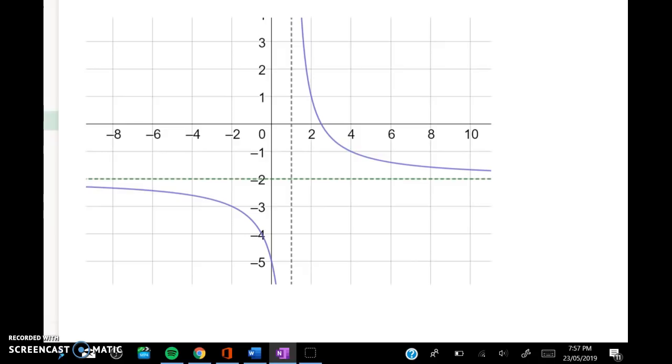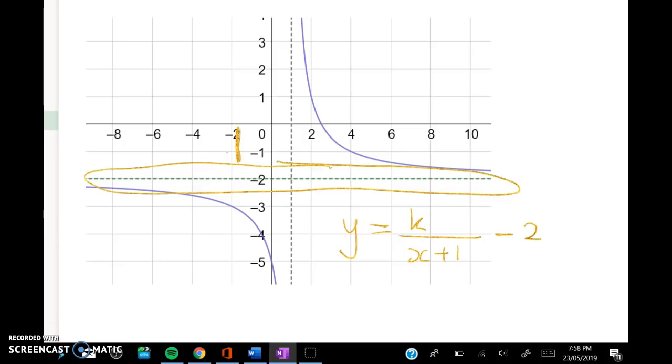Next one. Two asymptotes that are not on the axes again. So we've got y is equal to k over x plus 1, and it's got to shift downwards by 2 units, so minus 2. Right, so there's my vertical shift down showing up here, and my horizontal shift, oh that's wrong actually, sorry guys, forget that. This is x minus 1, because my shift is over that way. So my vertical asymptote is at positive 1, which means I can't put 1 in the bottom line here.